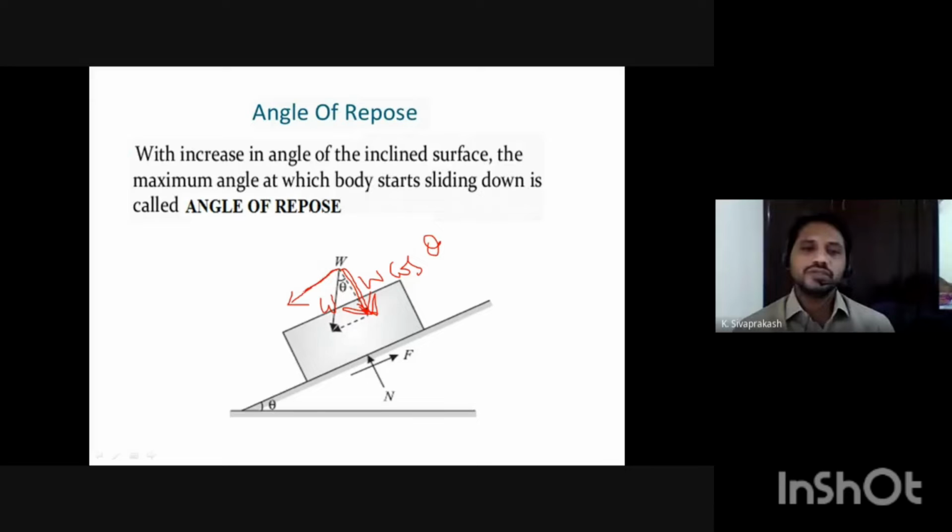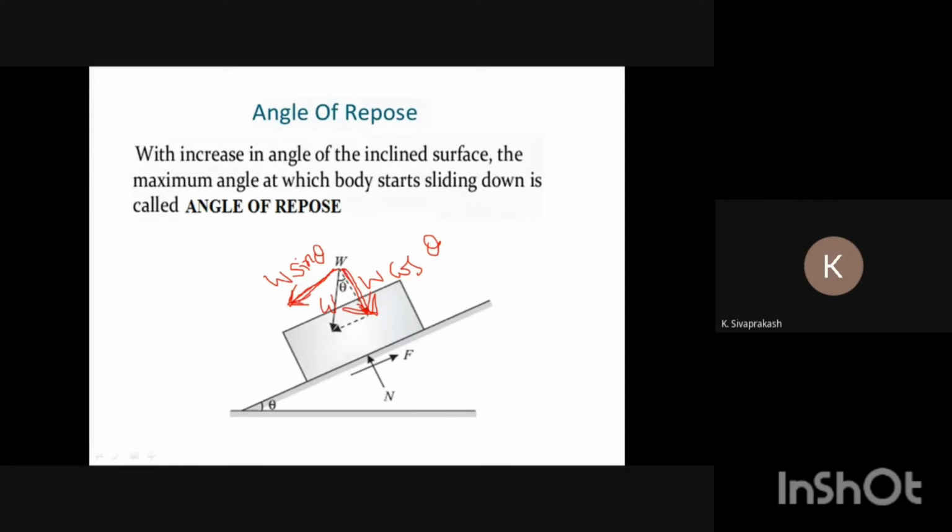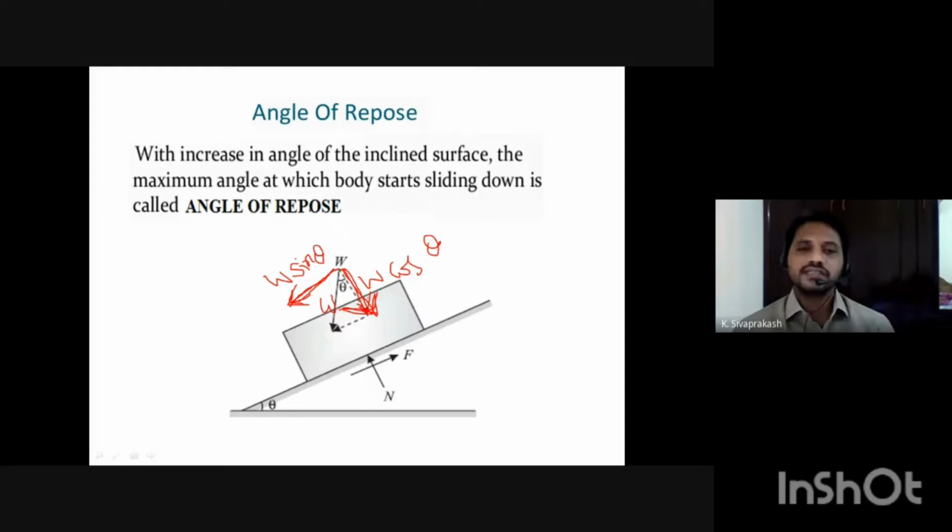And what about the horizontal component value? This will be the opposite side, so it is W sin theta. W sin theta is the horizontal component and W cos theta is the vertical component. So like that, you have to resolve the weight into two component forces. Why? Because this weight is an inclined force, in an inclined direction with respect to the inclined surface.